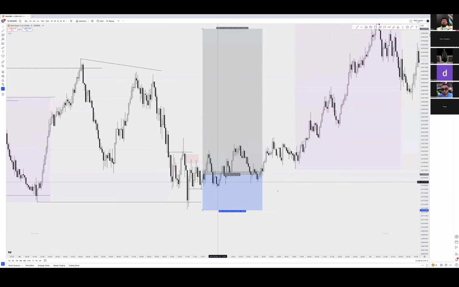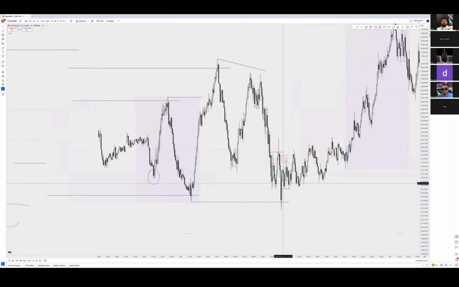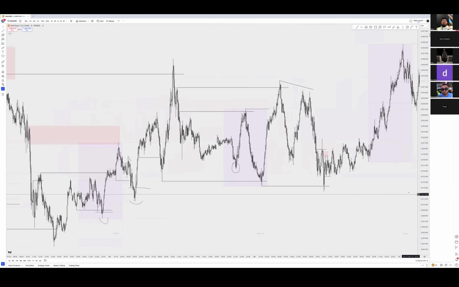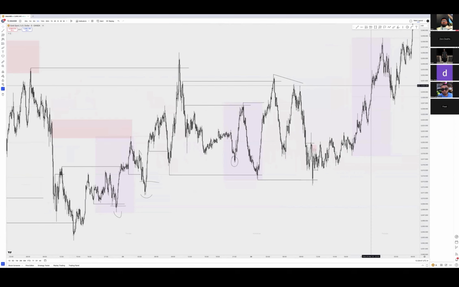Pretty much, I get tagged out at break even. It's completely fine. I'm not really too interested in guessing that these lows have to be kept intact.